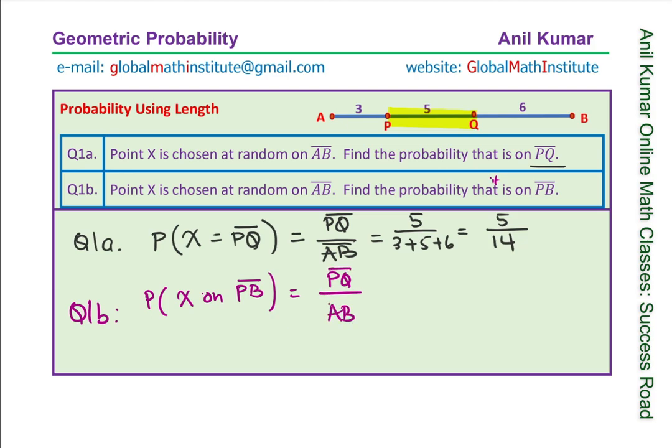So P to B is 5 plus 6 and A to B is 3 plus 5 plus 6, correct? So we have 11 over 14 as this probability. Make sense? So that is what geometric probability is.